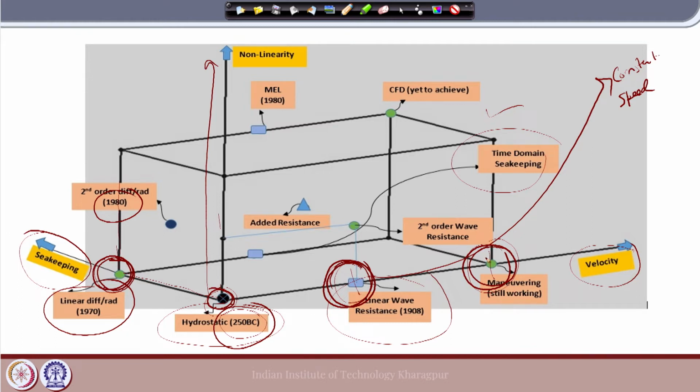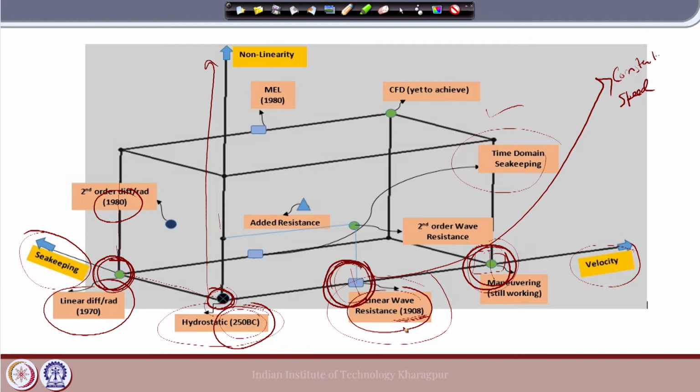However, still we do not consider any wave, right. Even the linear wave resistance, where we really do not consider the waves, only the forward speed, takes until 1908. So we understand how much effort is required, right.